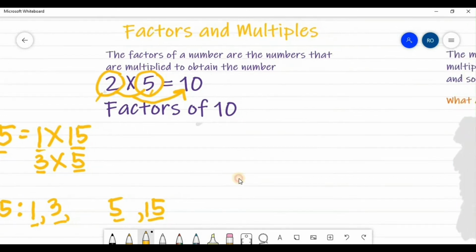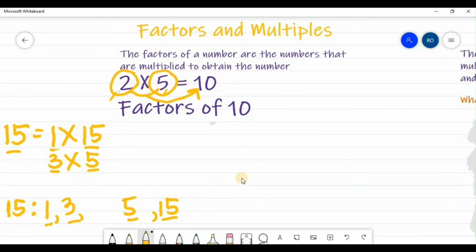Okay, let's do 18. Let's identify all the factors of 18. Okay, to start with, we have to start with 1, 2, 3, and so on, with the smallest number that we can multiply to get 18.